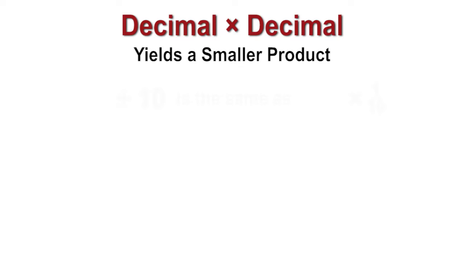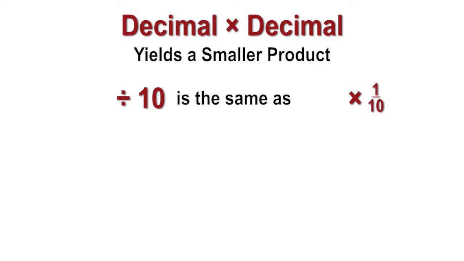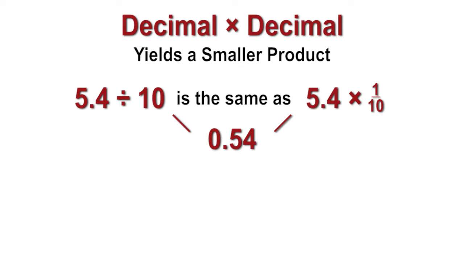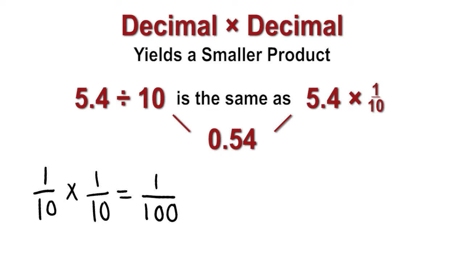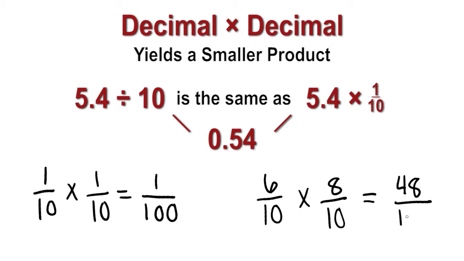However, we can remind them dividing by 10 is the same as multiplying by 1/10, and therefore can understand why 5 4/10 times 1/10 is 54 hundredths. From this, students can reason with fractions to prove that a tenth times a tenth is a hundredth, because 1/10 of 1/10 is 1/100. Therefore, 6/10 times 8/10 is 48 hundredths.